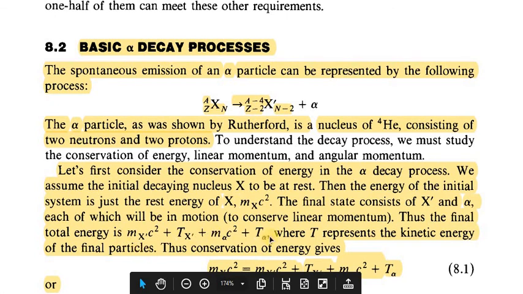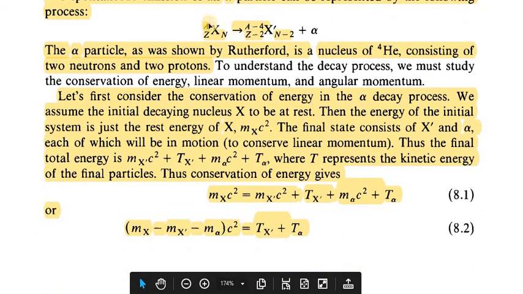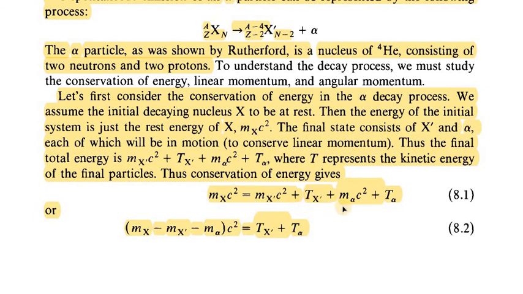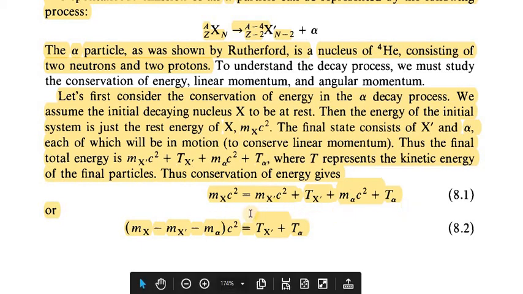Thus, conservation of energy gives, the left side m_X c square equal to the right side m_X' c square plus T_X' plus m_alpha c square plus T_alpha. Then taking the mass to the left side, we can write (m_X minus m_X' minus m_alpha) c square equal to T_X' plus T_alpha.